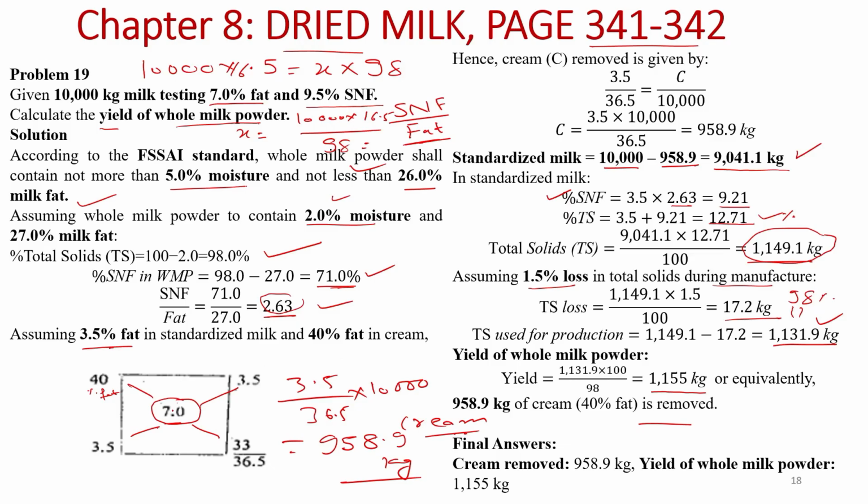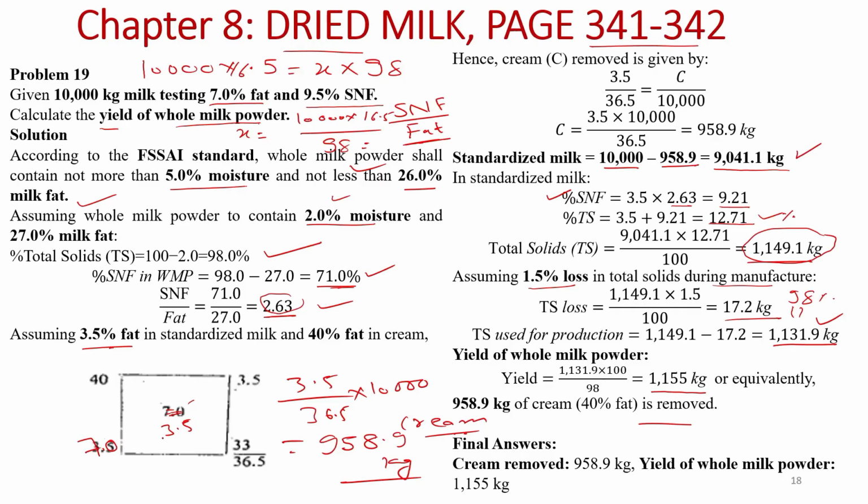So from that we have 7% fat. Okay, here is a small correction. From the 40% fat in cream and 7% fat in milk, which is given, we have to have 3.5% fat in the standardized milk.